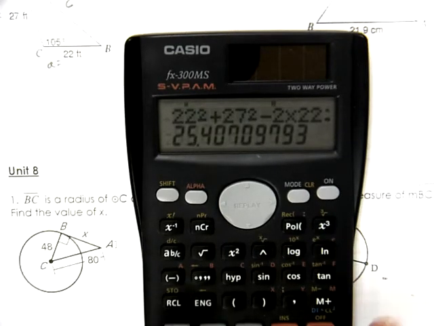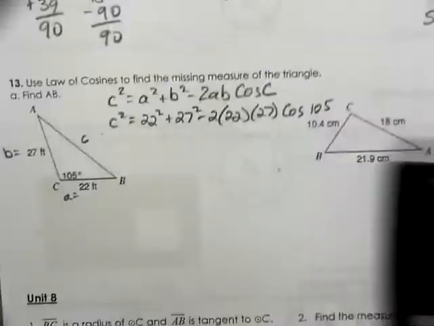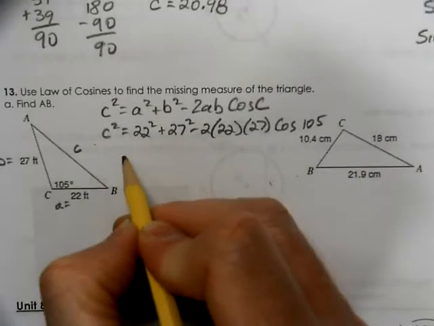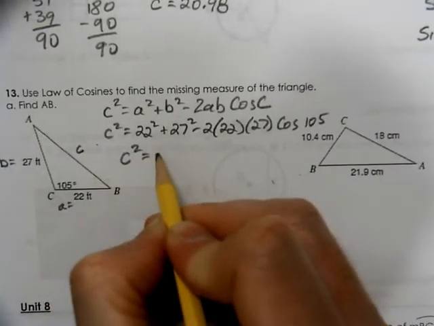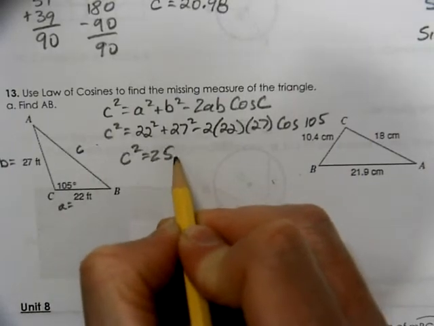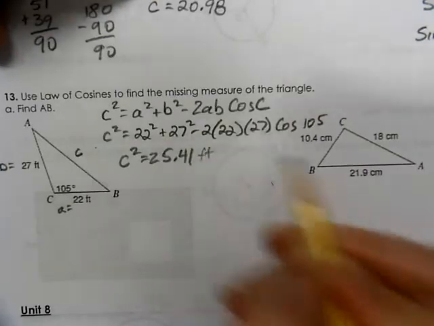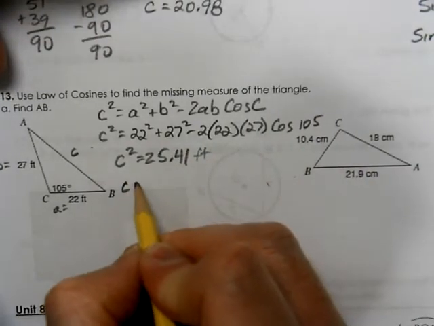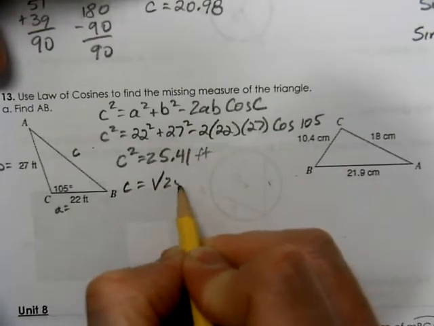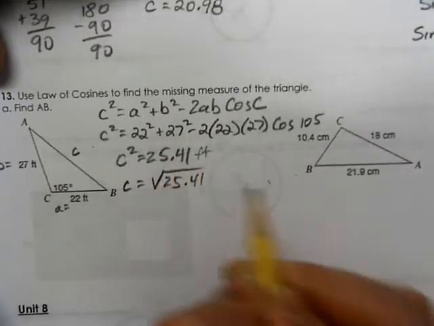That gives us 25.41. C squared equals 25.41. And those are feet, but we're going to take the square root of 25.41.